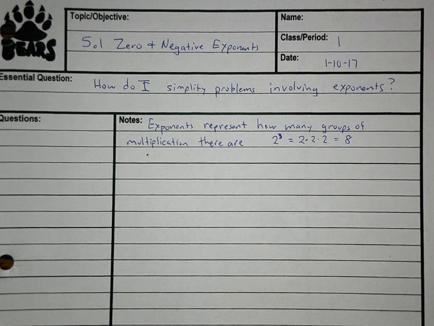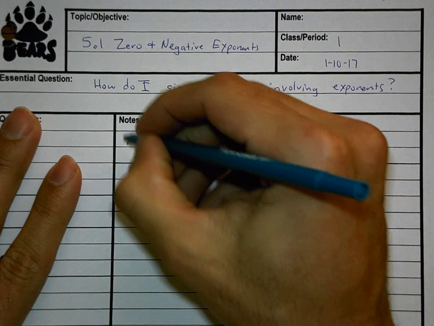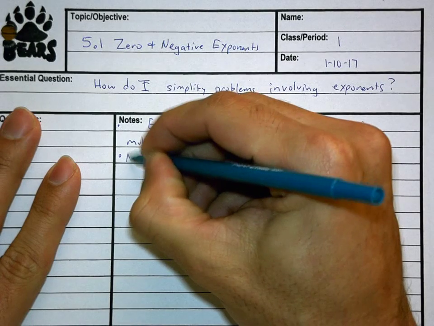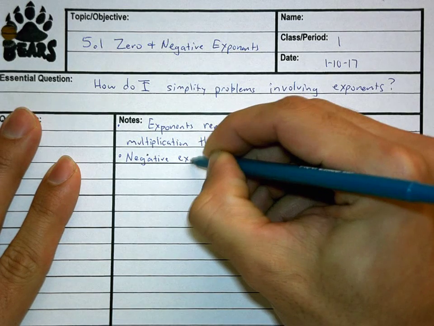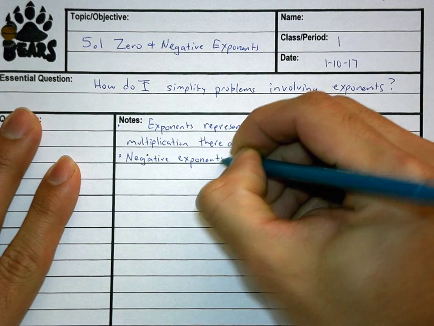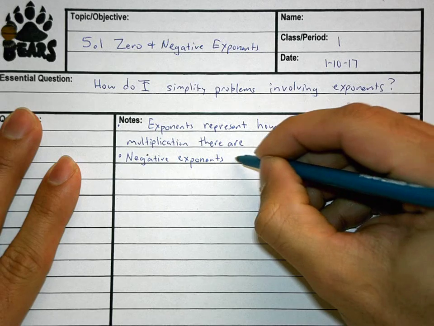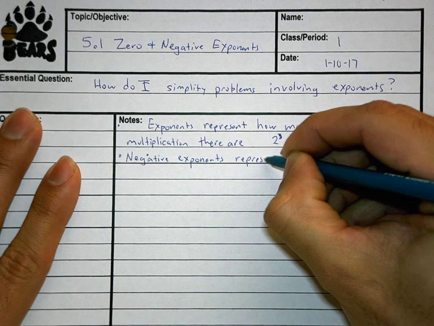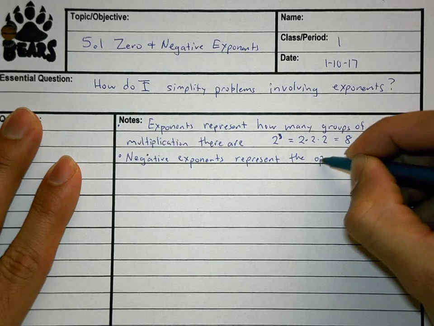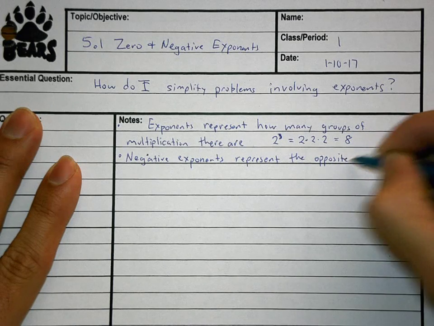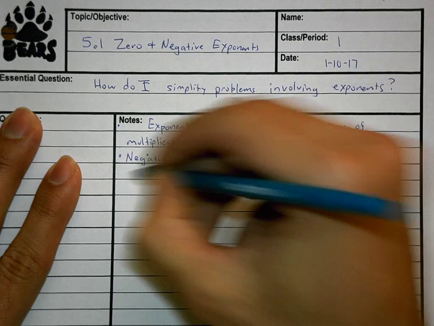Now, I want to jump into the thing that some of you maybe got a little confused with last year. So let's write down negative exponents. This is my second bullet point. Negative exponents represent the opposite of multiplication.